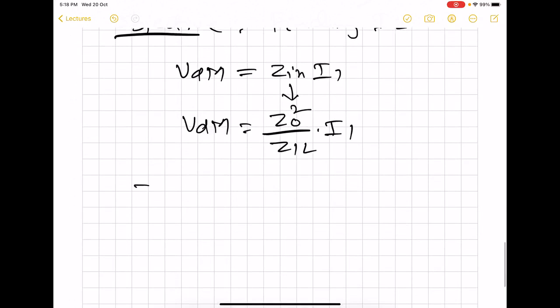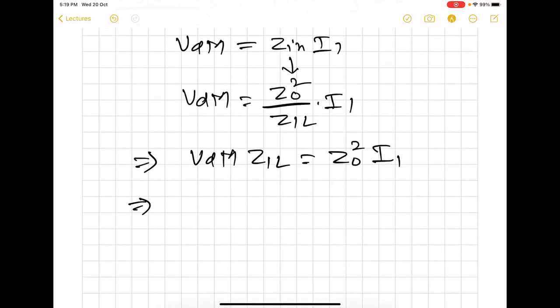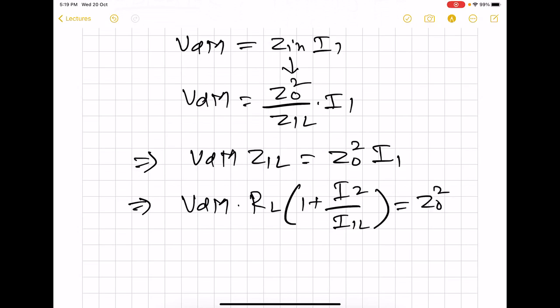Now we can rewrite this equation as VDM into Z1L equal to Z0 square into I1. So this becomes VDM, and Z1L we just wrote is RL into 1 plus I2 by I1L, and this equals Z0 square I1.